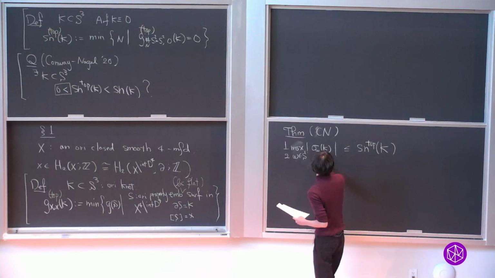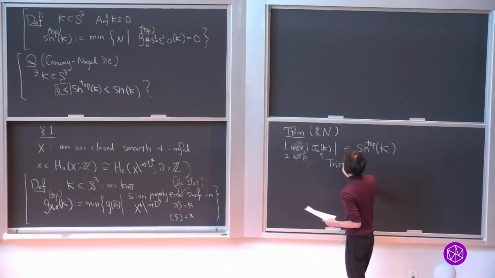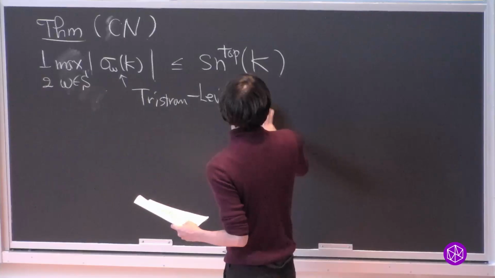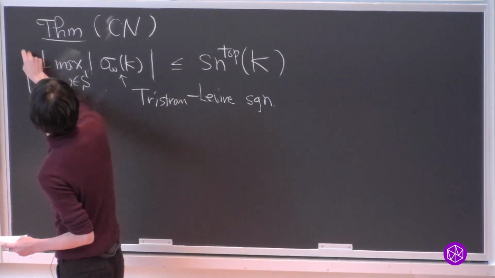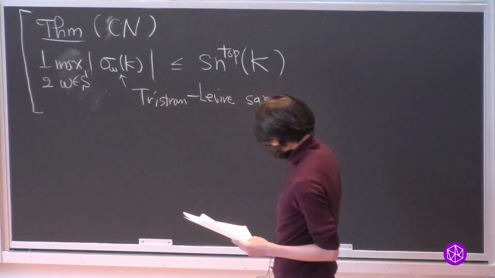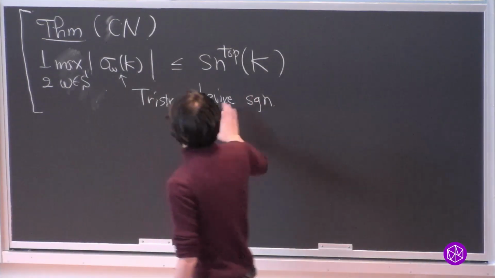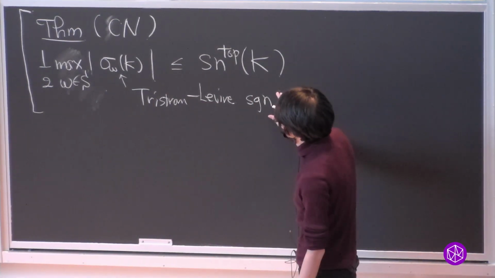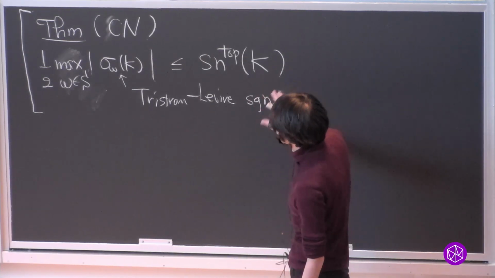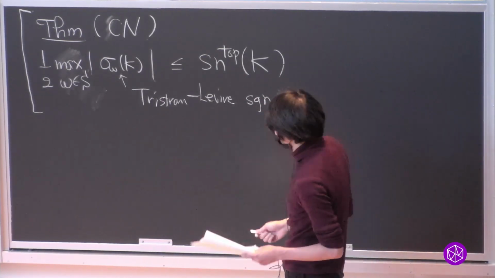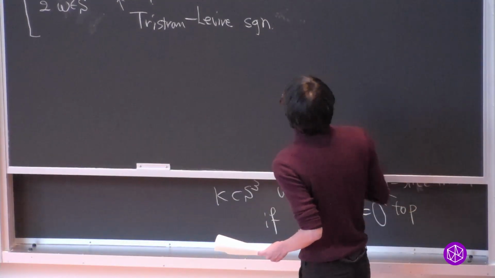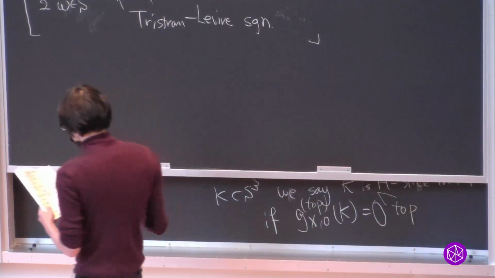So this is for the topological stabilizing number. What we want to do today is give a stronger estimate than this one.